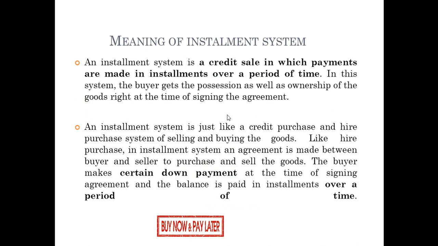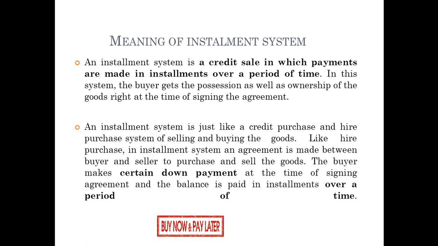So what do you mean by installment system? There is a concept called buy now and pay later. You might have heard a lot of offers for credit sale. You just pay 1 rupee and take the product, like an AC. Many advertisements you are already seeing, so you are exposed to this kind of thing.